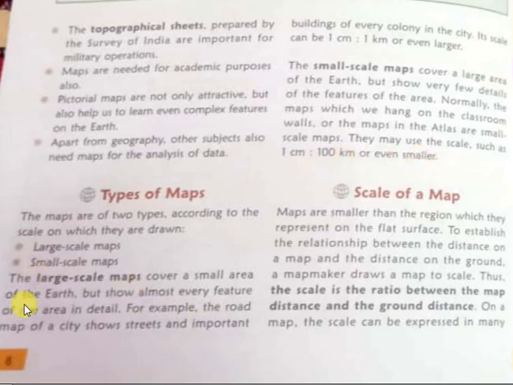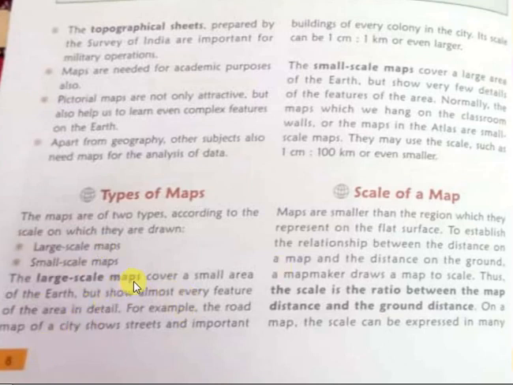So basically now you know that a large scale map shows features on a larger basis, whereas the small scale map shows features on a smaller basis, like a world map. In a world map we will be showing a lot of features, a lot of area, on a small sheet of paper, whereas in a road map we will be showing just a road on a single paper.